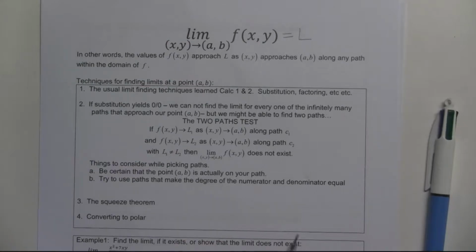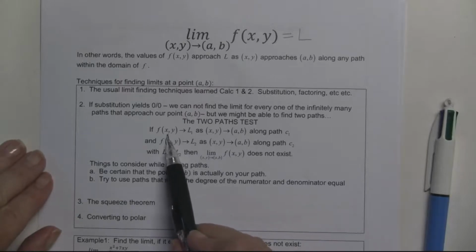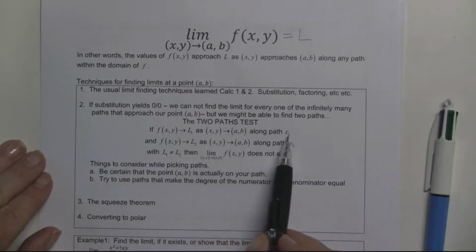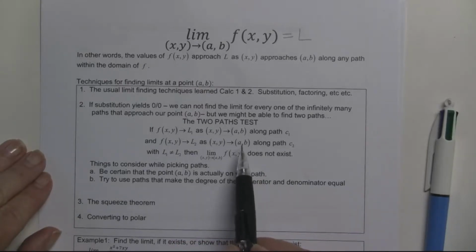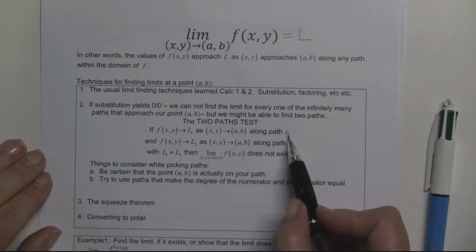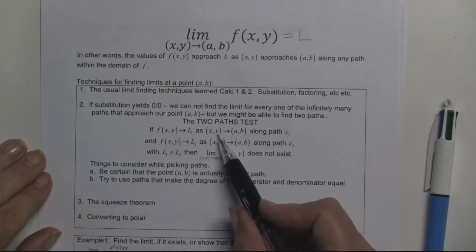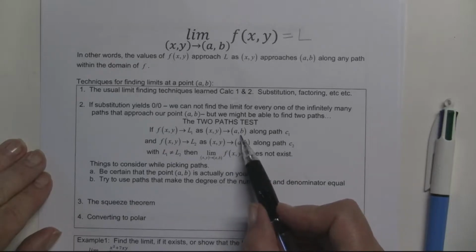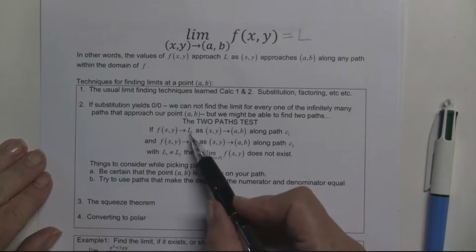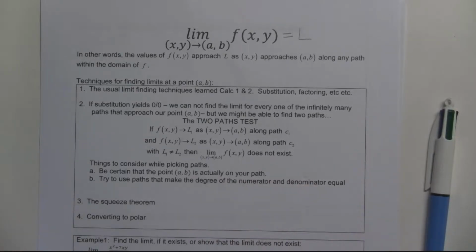Even though you can't find the limit through every single path, if you can show that there are 2 paths, a path C1 and a path C2, as (x, y) gets closer to (a, b), with limits L1 and L2, and L1 doesn't equal L2, then you can show that the limit doesn't exist.